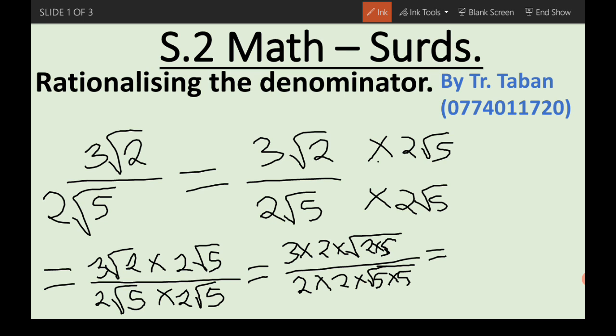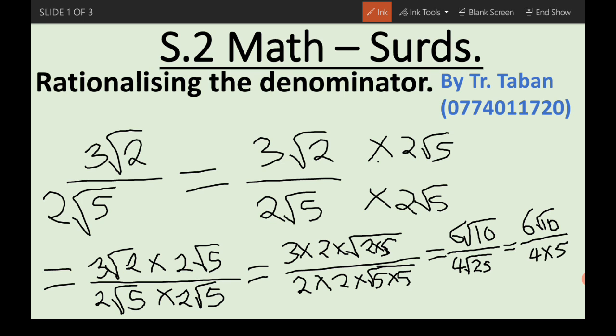So 3 times 2 is 6, and under the root 2 times 5 we get 10. Then divide by 2 times 2, which is 4, and under the root we have 5 times 5, which is 25. But of course you can see that 25 has a square root, so this is the same as 6 root of 10 divided by 4 times 5.